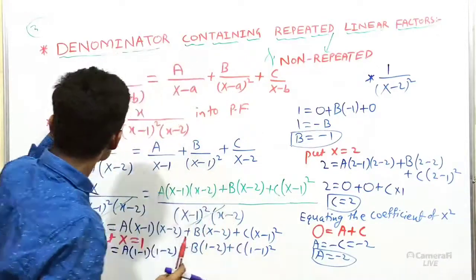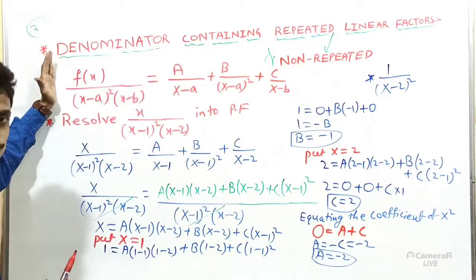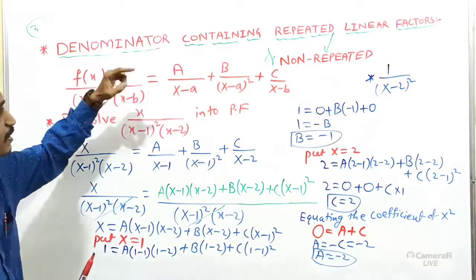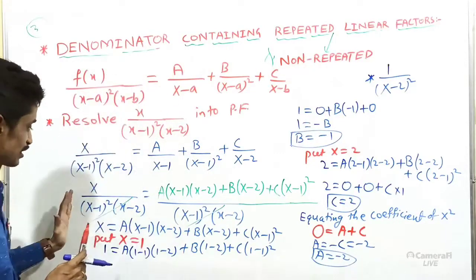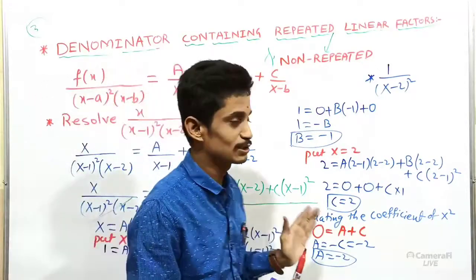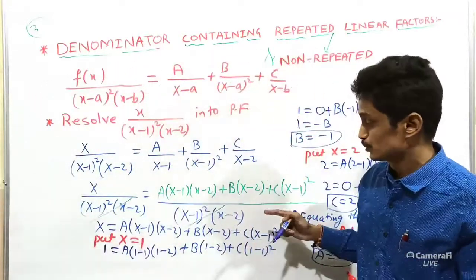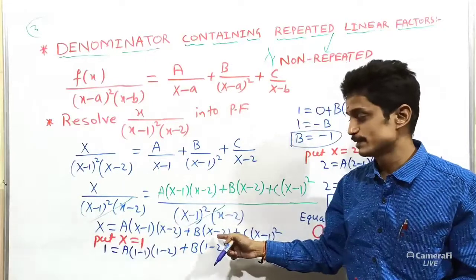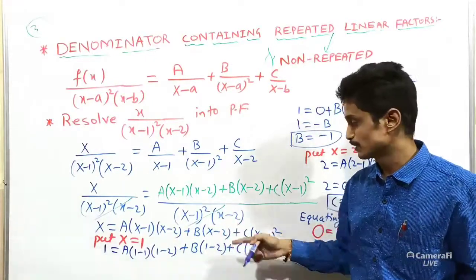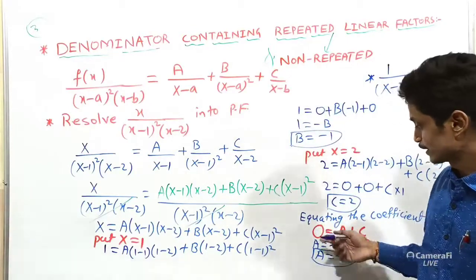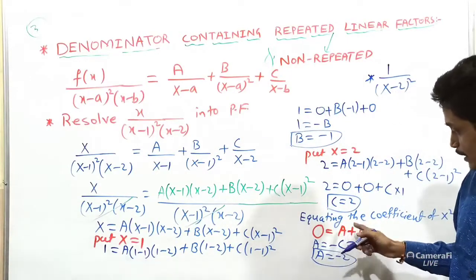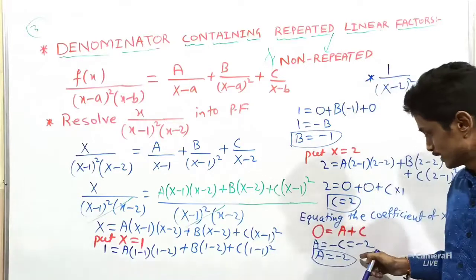Now in such a situation, where the denominator contains repeated and non-repeated linear factors, at this time I choose methods to get the unknown values. One is the elimination method, by replacing some value I eliminated some unknowns, and after that I was unable to apply the elimination method to get the value of a.